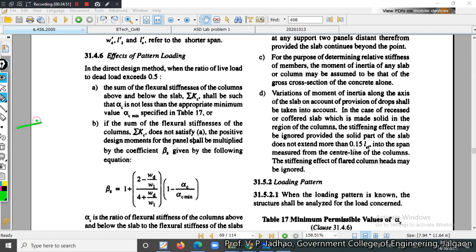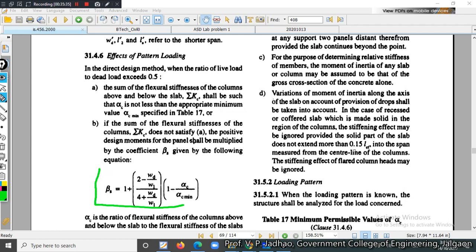If there is some overstressing, it means that if the value of alpha c we calculated in the last step is more than the value of alpha c minimum, given in Table 17 of IS 456, then we will calculate a modification factor, and then we will multiply the calculated bending moments by that modification factor.